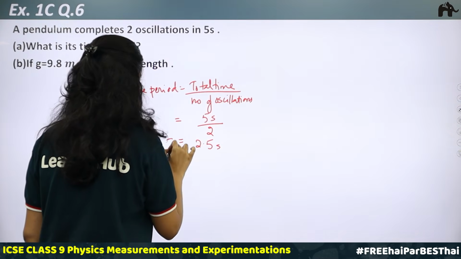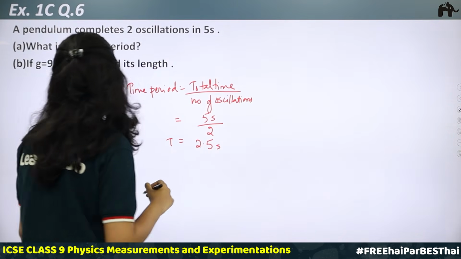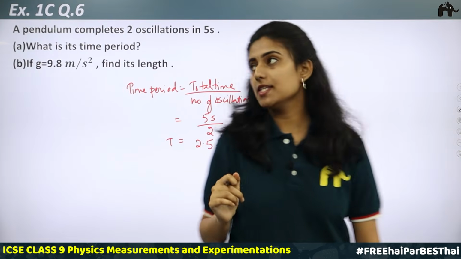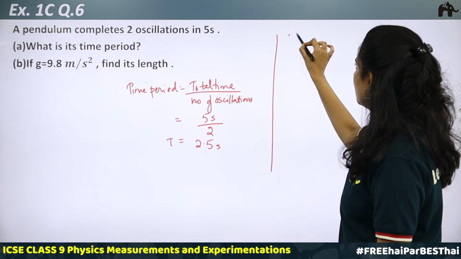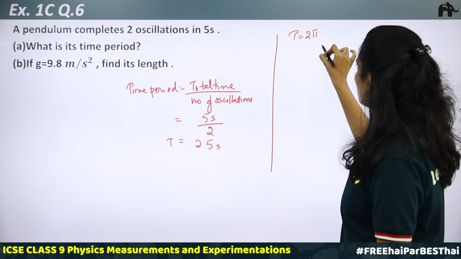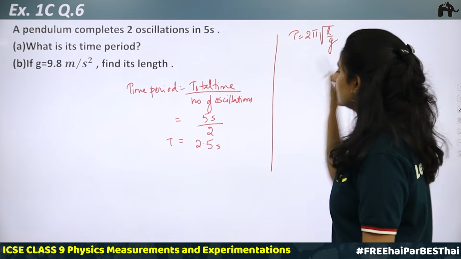2.5 seconds is the time period. If g is equal to 9.8 meter per second square, find its length. How to find length? T is equal to 2 pi root of L by g.